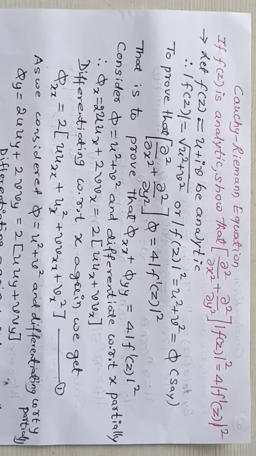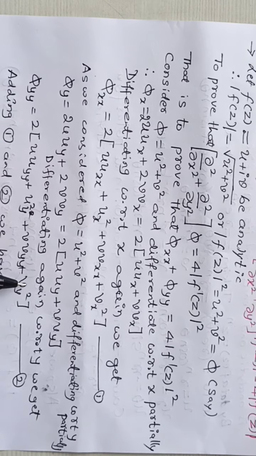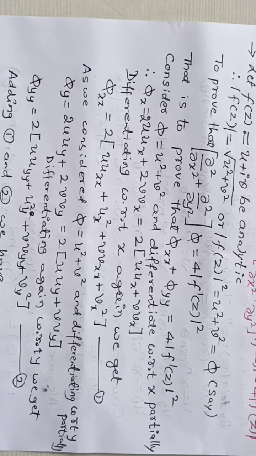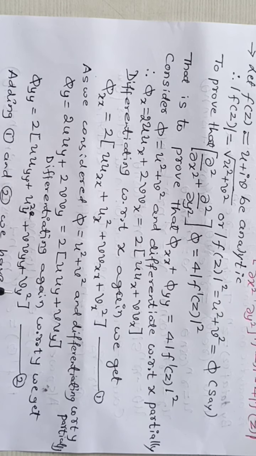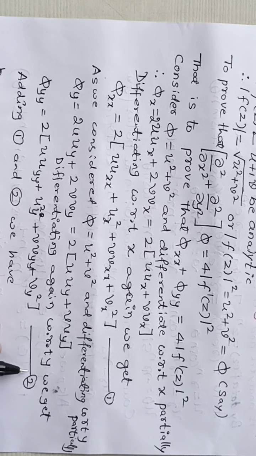Next, differentiate again with respect to y partially, applying the product rule: φyy = 2[u uyy + uy² + v vyy + vy²]. Consider this as equation 2.